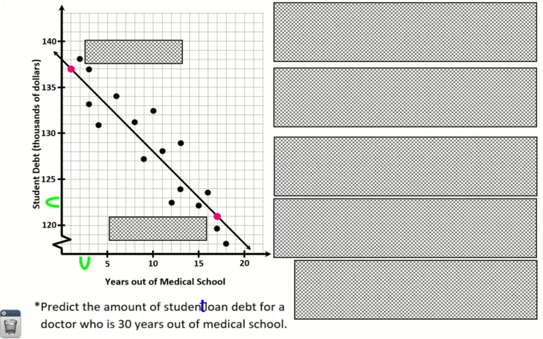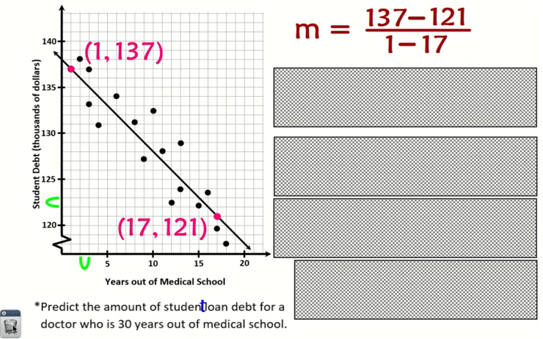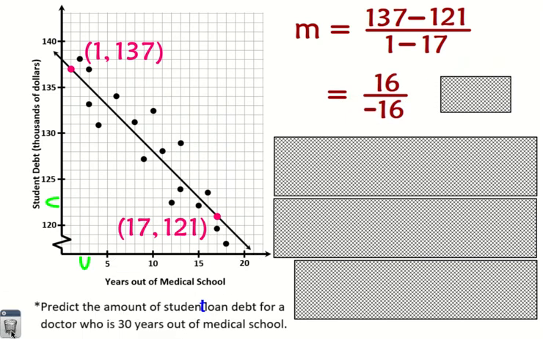Let me think, is there anything new? Again, just to kind of predict my students for a doctor who is 30 years out of medical school. Because of how both axes are scaled, you want to go with some coordinates and use this formula for slope to figure out that my slope is negative 1.